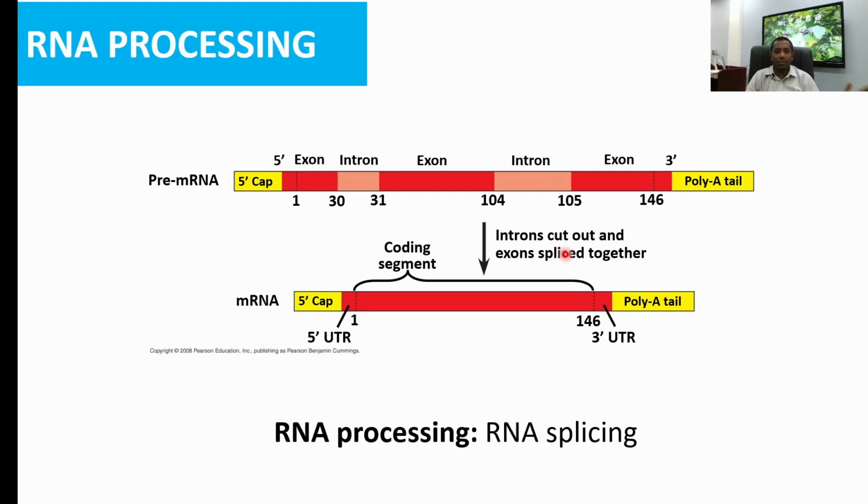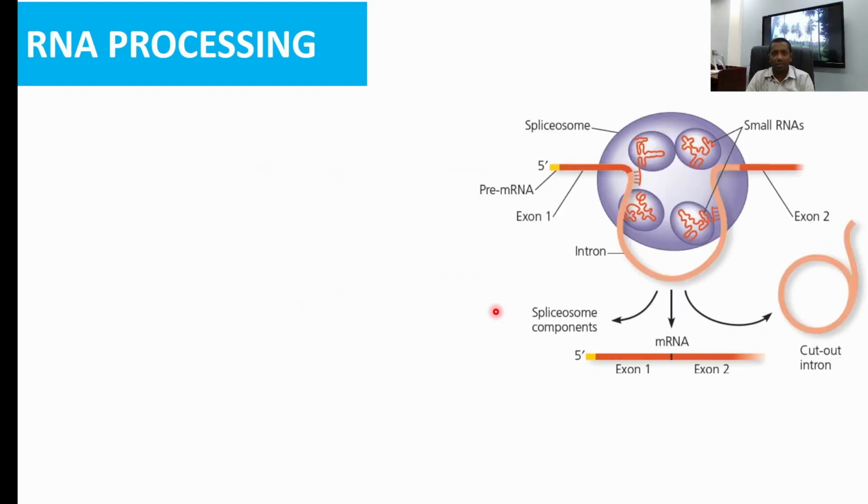Once splicing is done, the cell gets rid of these introns and joins these regions together, forming a continuous exon or information-coding mRNA molecule. We then have our 5 prime cap, coding segment, and the poly A tail. So let's see how this is done.